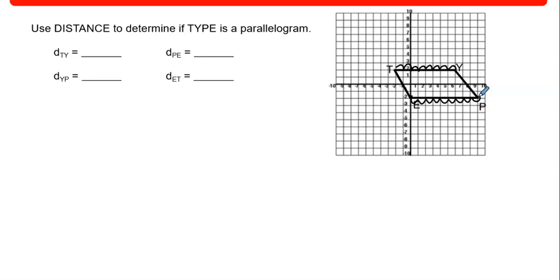Let's see. Hold on. Okay, just want to double check with myself. And so we're okay. So TY is 8 and EP is 9. So right off the bat, we already know. We can stop. The answer is no.